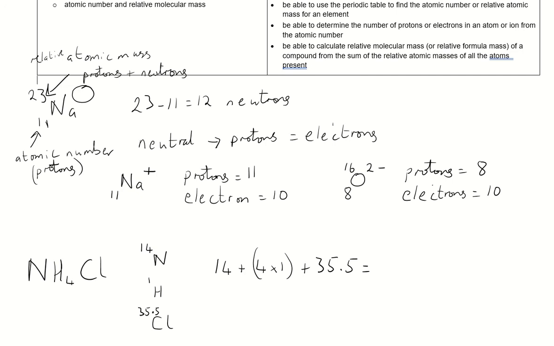Long day, I'm going to use my calculator and be lazy. And that gives us a relative molecular mass for the ammonium chloride of 53.5. So nice easy mark in the exam this. You're basically just doing a little bit of addition arithmetic based on what you've looked at in the periodic table.